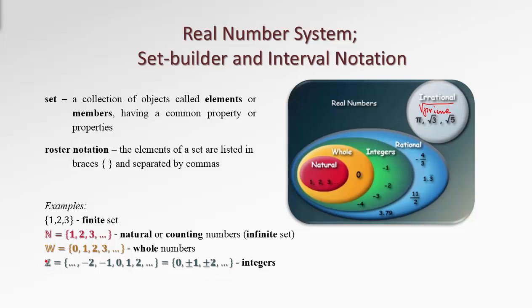You may wonder why we use the letter Z rather than I for integers? Well, originally mathematicians started using the letter Z because of the German word Zahlen that represents integers. So we have capital N that represents natural numbers, W that represents whole numbers, and Z that represents integers.